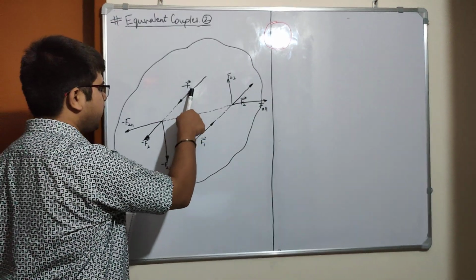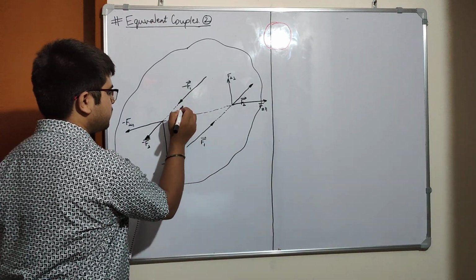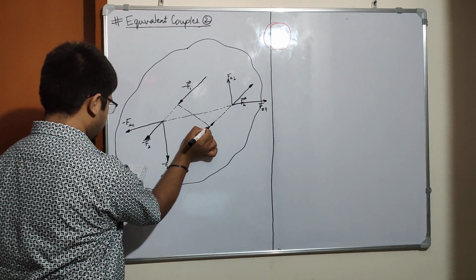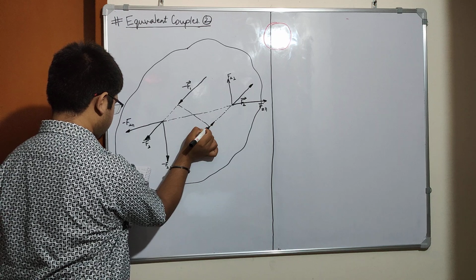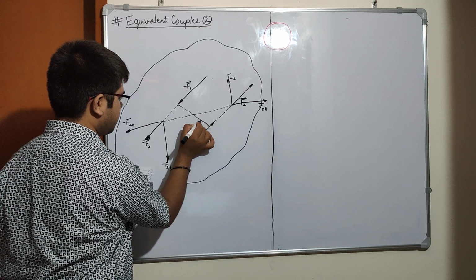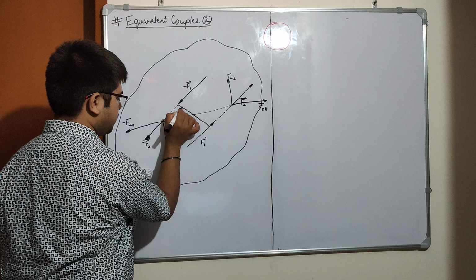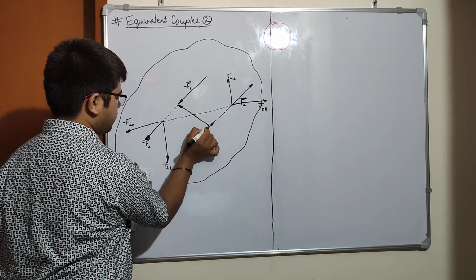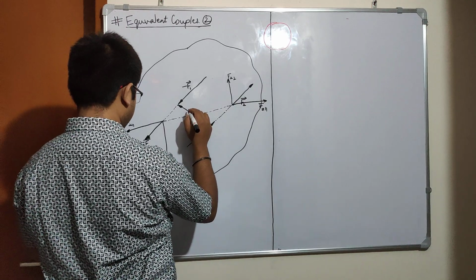Now the distance between F and minus F was D. This was D1.